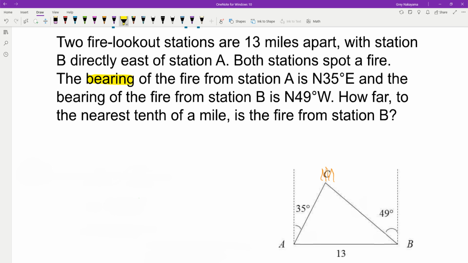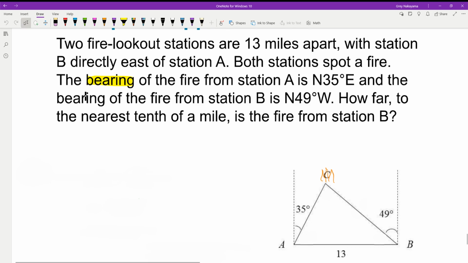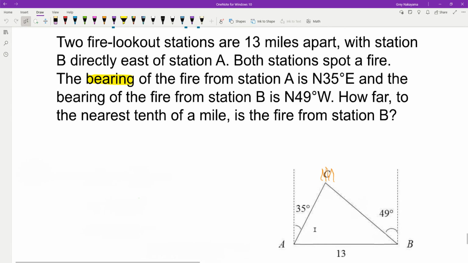So that angle is 49 degrees. Okay? So you can find the two angles between them. Or you can find the angles in our triangle are not 35 and 49. All right, this is 35, so what's that angle have to be? Together, they make 90 degrees.